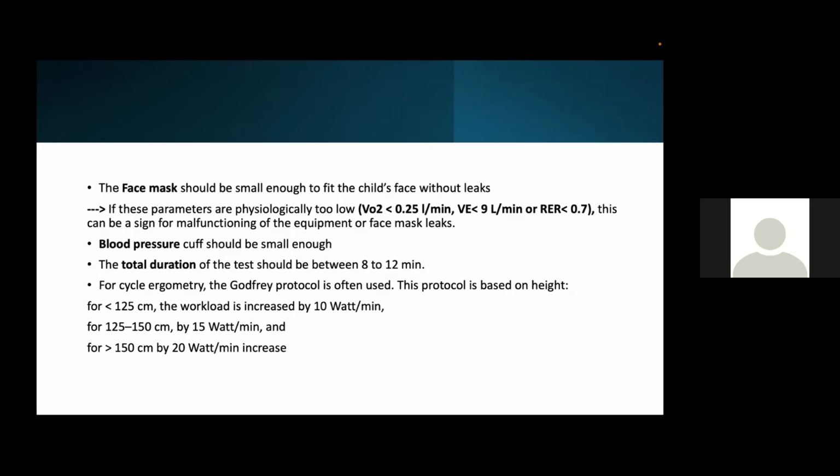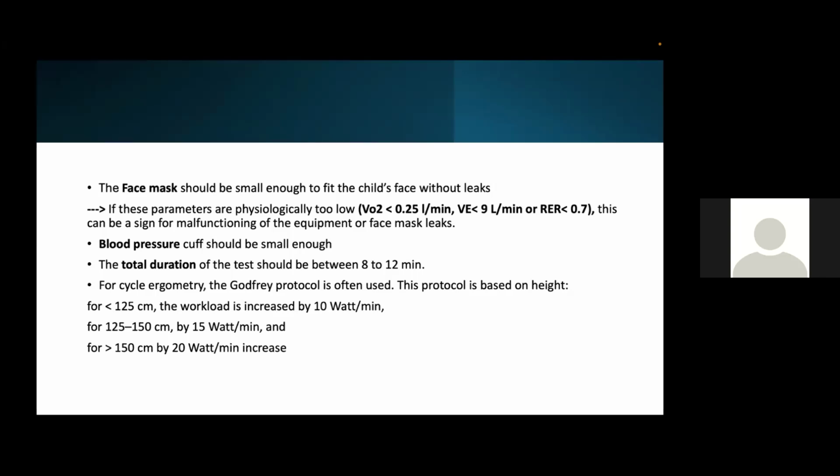So we should make sure, as mentioned in this article, that the face mask size is small enough to fit the child's face, because it's important not to have leaking with the face mask. And we can know that there is a leak by very low numbers.